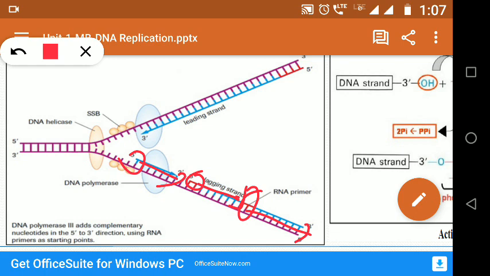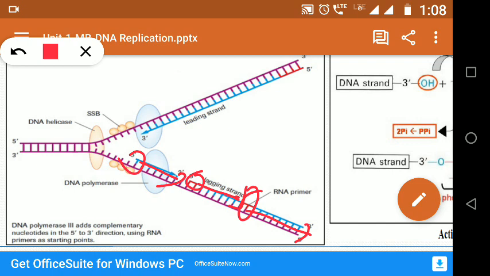There is no such thing in case of the leading strand, but in case of the lagging strand, a stretch of DNA is synthesized, then the DNA polymerase stops, the RNA primer comes and synthesizes a small primer, and then again the DNA polymerase extends that newly formed RNA primer and once again stops, once again an RNA primer comes. So this goes on in a cyclic manner.